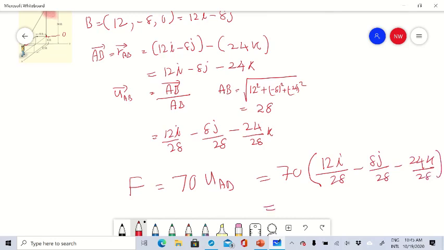So this is equal to 30i minus 20j minus 60k, right? So if we express the force in Cartesian vector form, we get something like this.